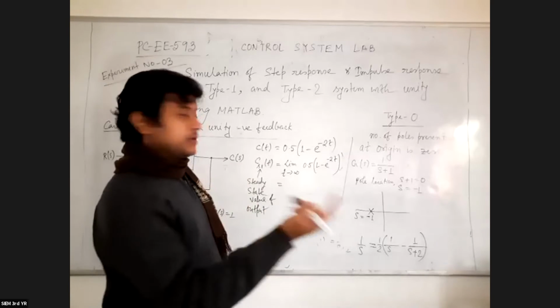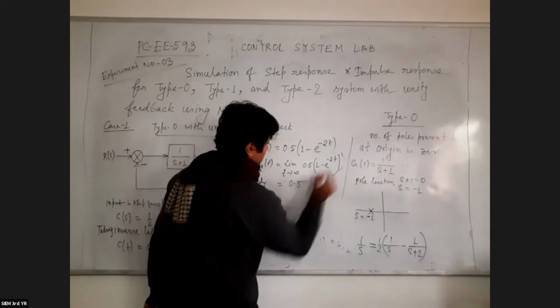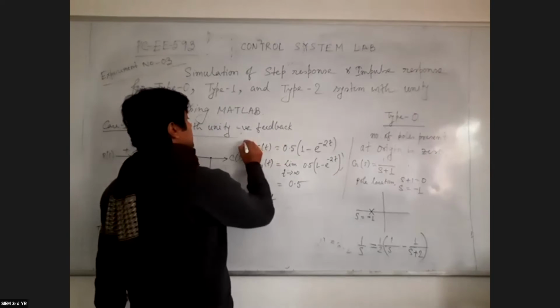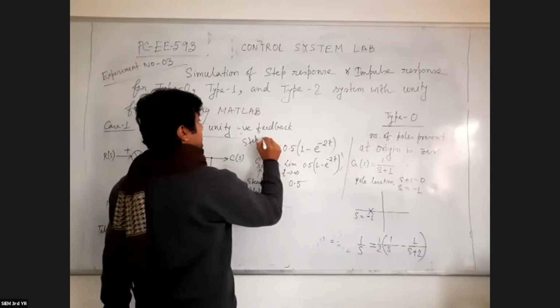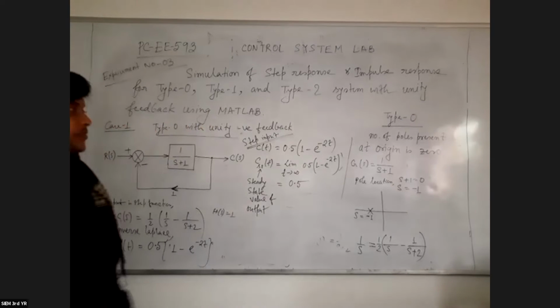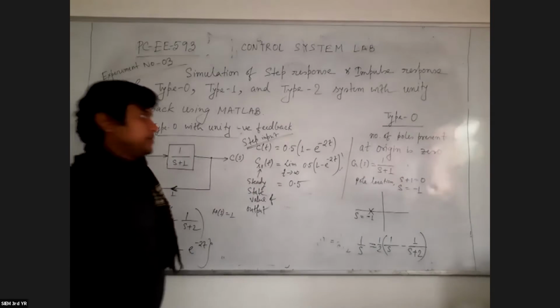So it will become 0.5. This is the result for step input. The steady state c(t) is 0.5.